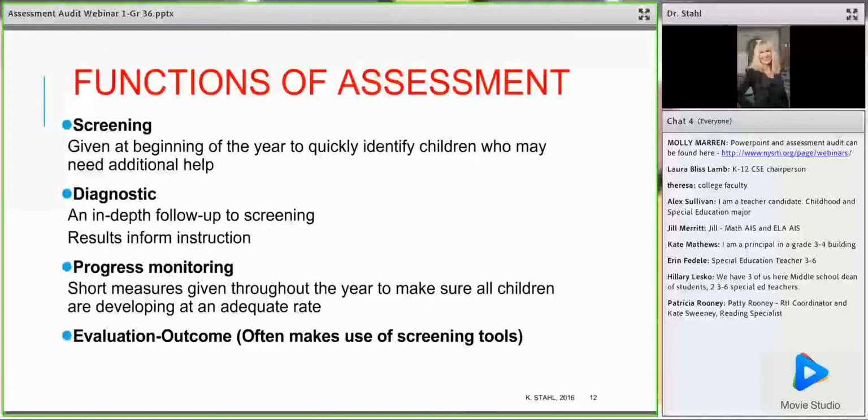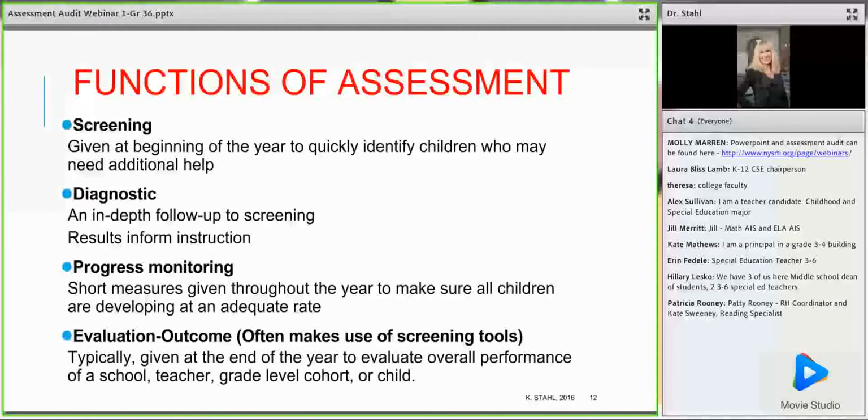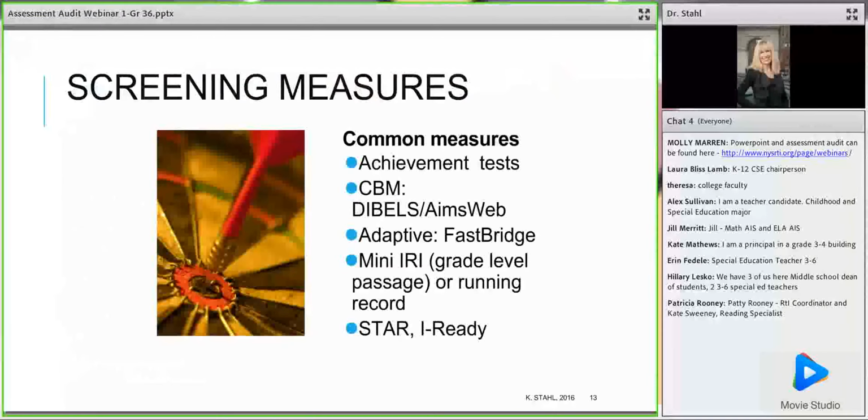And those evaluation measures often make use of screening tools, okay? Even though they might be given at the end of the year to evaluate the overall performance.